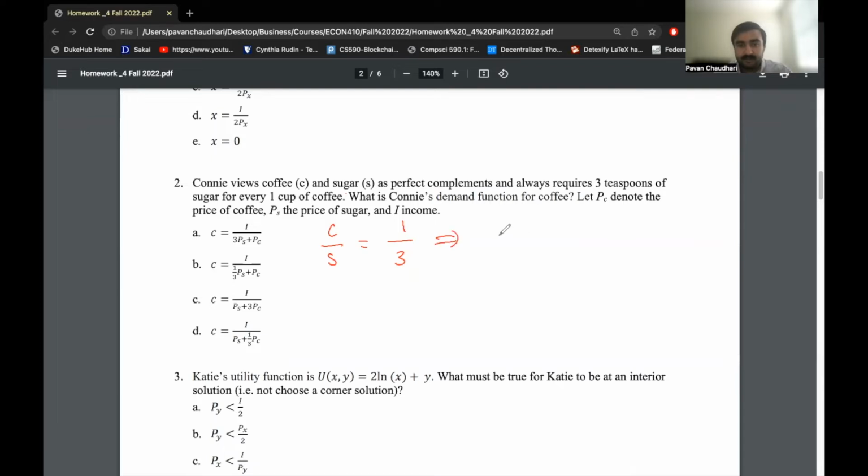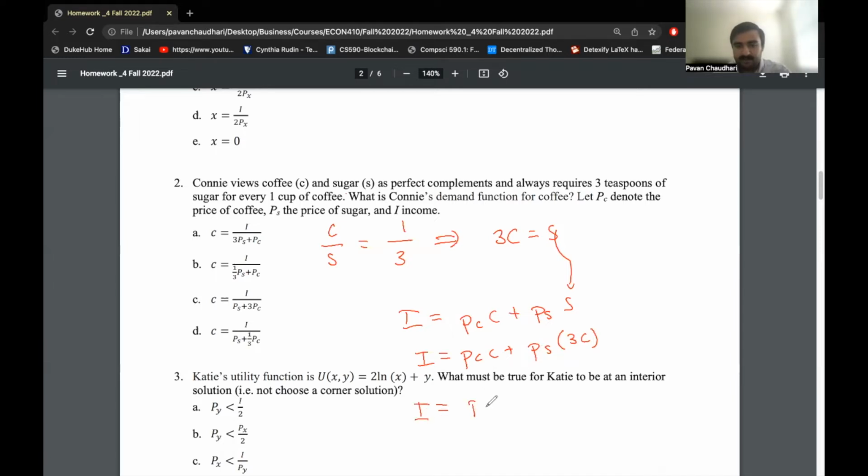Okay, and we simply cross multiply and we get 3C equals S, and we'll plug this into our budget constraint, I equals PC C plus PS S. So we'll plug this in for S. We get I equals PC C plus PS times 3C. If we simplify this, we'll write it a little bit better by putting the 3 in the front.